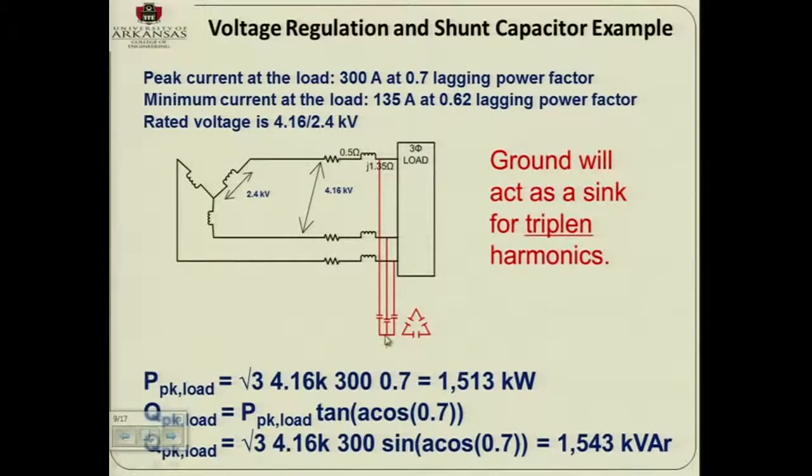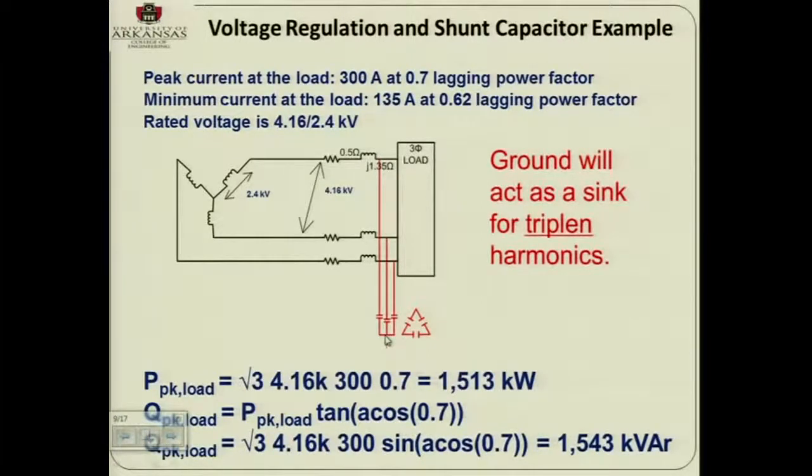If you have a fault across one capacitor, then the neutral can become the line voltage. So you have to be careful about that. The reason you would like to ground it is because you want to define the voltage at this point to be 0. But then you have triple harmonics.